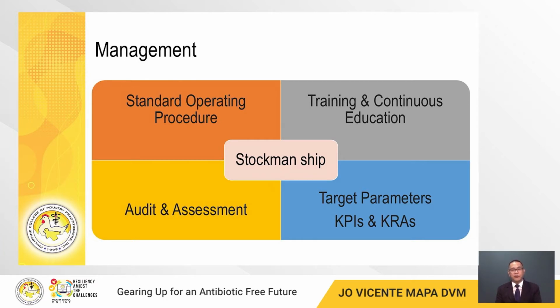Key Performance Index, or KPI, and Key Result Areas, or KRAs, must be understood by all of the personnel. Periodic audit and assessment must be done and discussed with the personnel to give them feedback on things to improve and areas of concern.